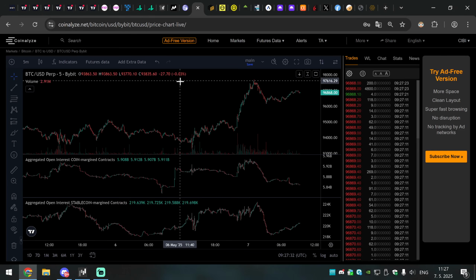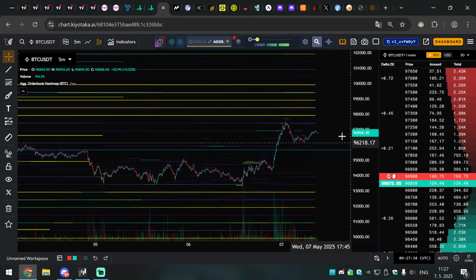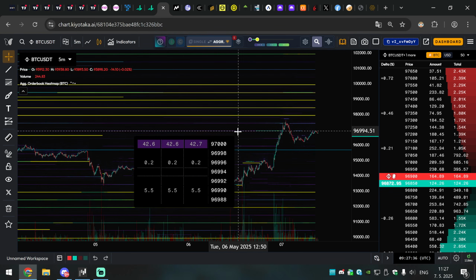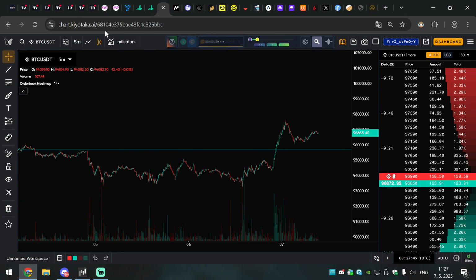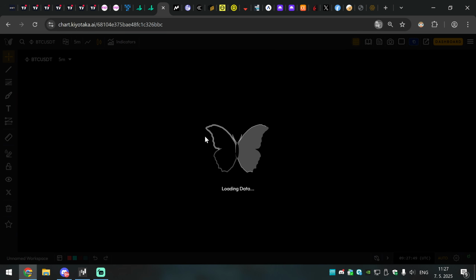One good thing on Kiyotaka, maybe I will still keep a window of Kiyotaka for the future along with Tradinglite, because in Kiyotaka you can turn on aggregated order books. I will refresh, this is why it's a free tool, it's not working ideally.